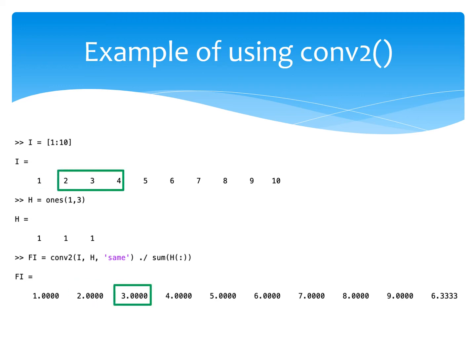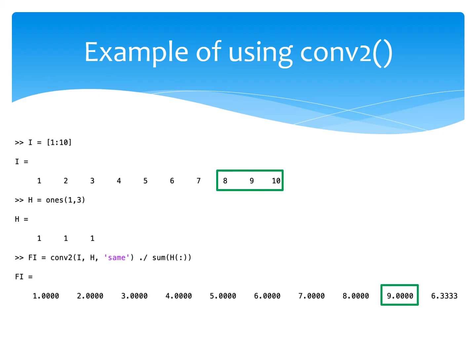Then we can move our filter to the third element. So we are going to calculate the average of 2, 3, 4. And the result of the average is 3. We can repeat this process until we reach the ninth element. After we calculate the average of 8, 9, 10, we are going to move the center of the filter to the element 10.